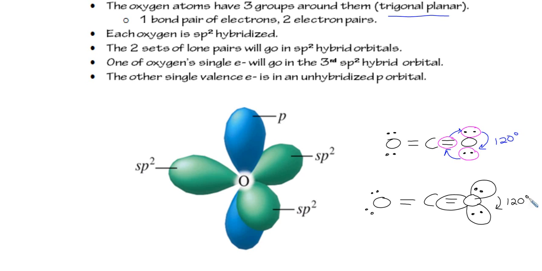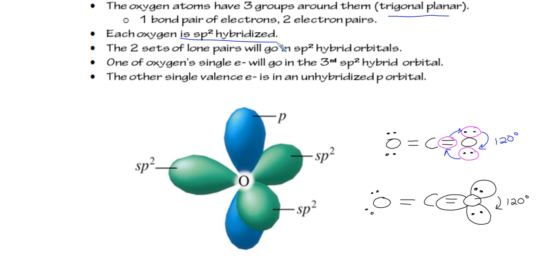Okay, so now here's a blast from the past. The oxygens, if they need 3 regions to put electrons, that's sp2 hybridization, right? Anything based on the trigonal planar structure with 3 total electron regions needs 3 hybrid orbitals. So we hybridize the s and 2 of the p's.